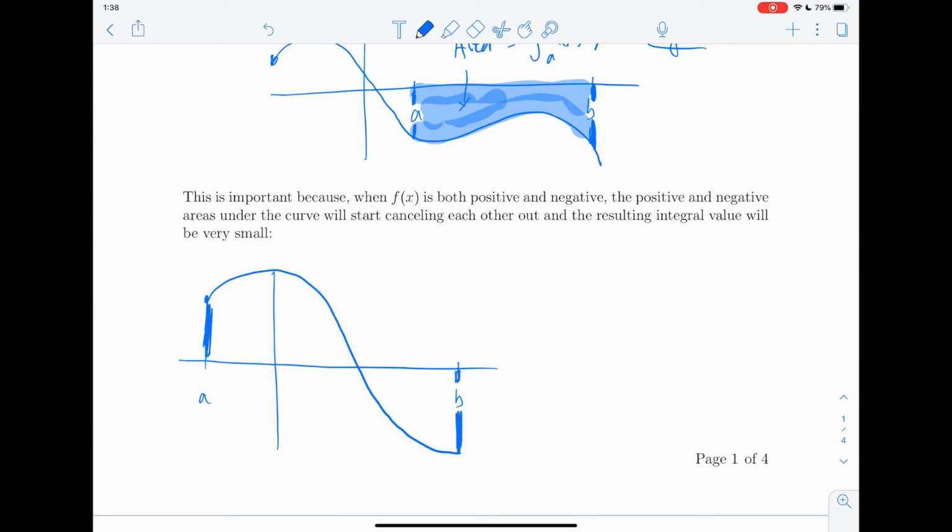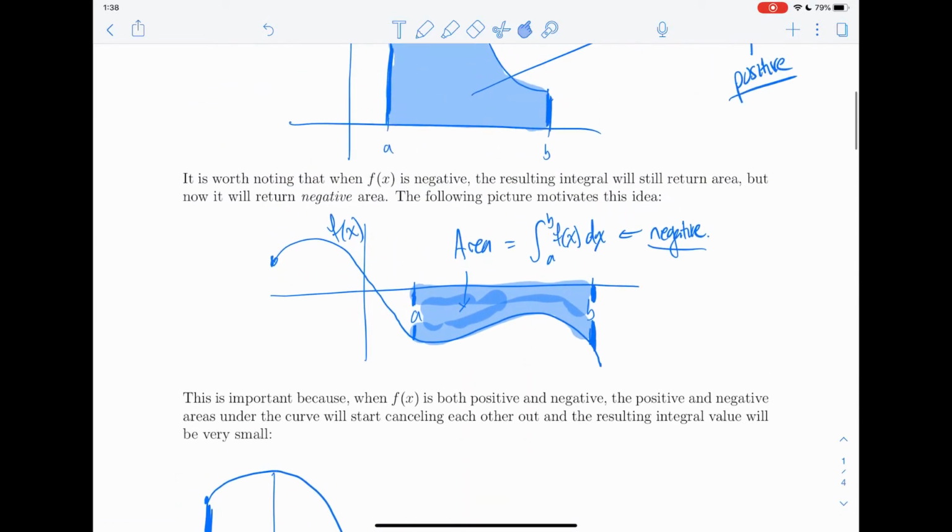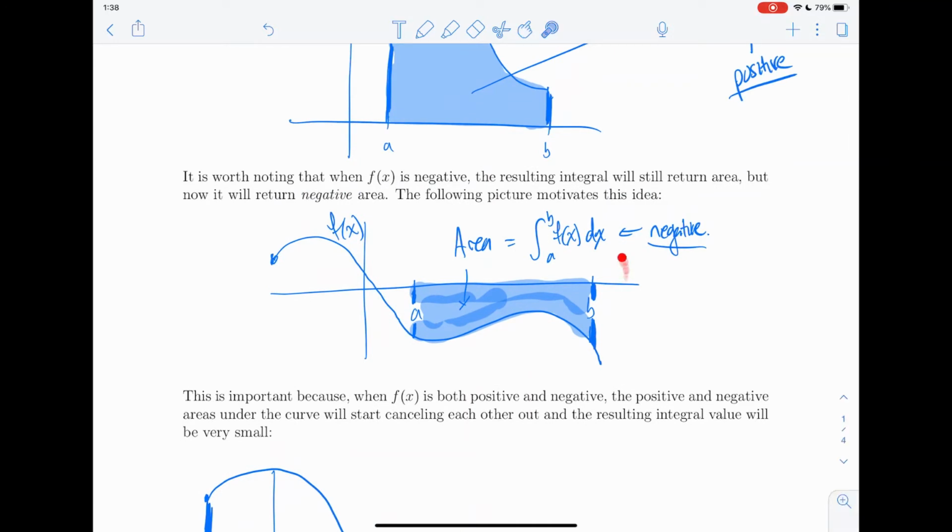It should be worth noting, by the way, referencing back to this negative example, that when we say, quote unquote, area under the curve, this is the same as saying the area between the graph and the x-axis.